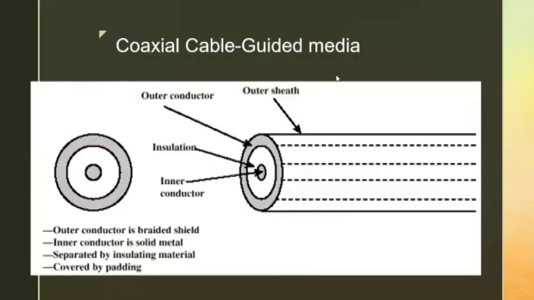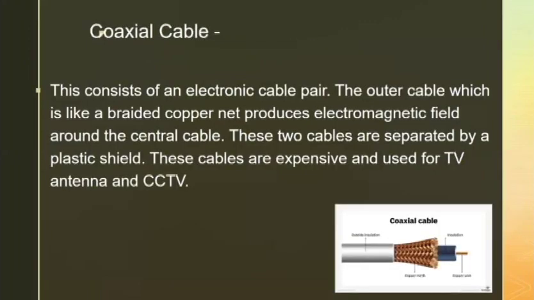Coaxial cable. This coaxial cable is also a guided media that we use. You can see this coaxial cable at TV antennas. Coaxial cable consists of an electronic cable pair. The outer cable, which is like a braided copper net, produces an electromagnetic field around the center cable.